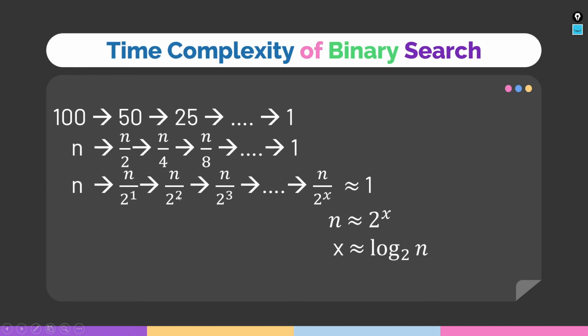As you can see, it's going downwards, so the last value will be something close to 1. If we consider this, we take the 2 to the power x to the other side, so n becomes 2 to the power x, and we can see that x equals log base 2 of n.